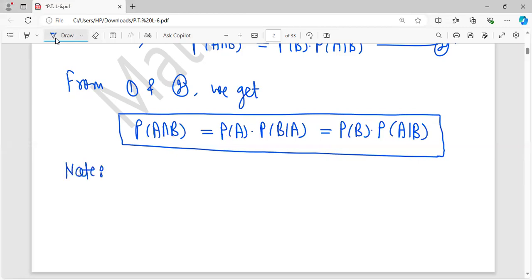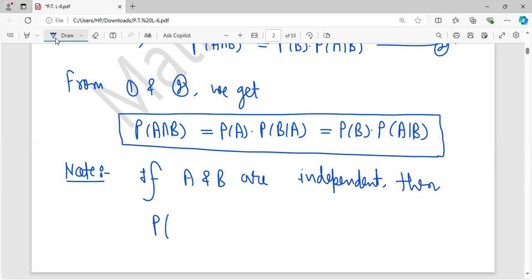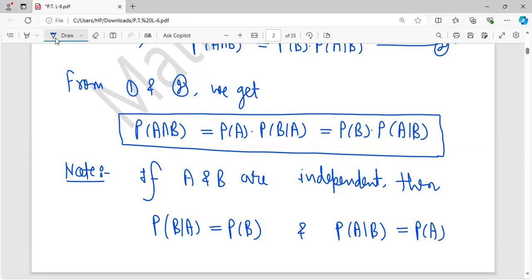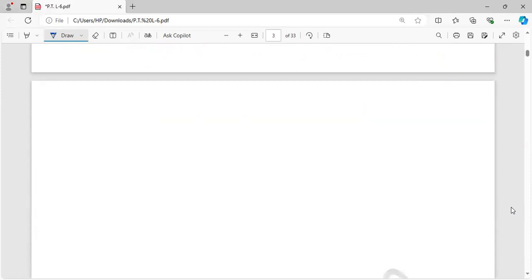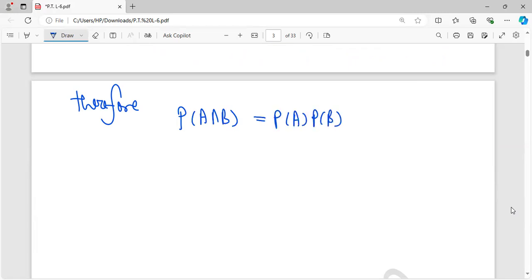Now, if A and B are independent, then we know that P of B relative to A will be equal to P of B, and P of A relative to B will be equal to P of A. So putting these values in the multiplicative rule, what will we get? P of A intersection B is equal to P of A into P of B. Okay. For independent events.